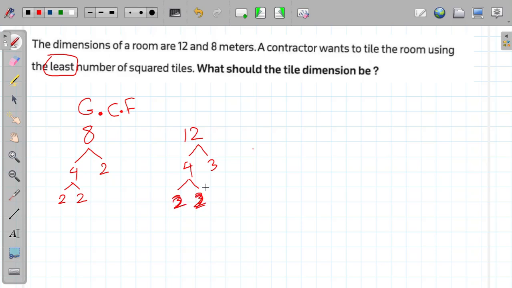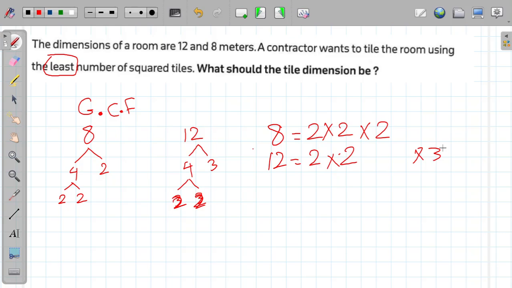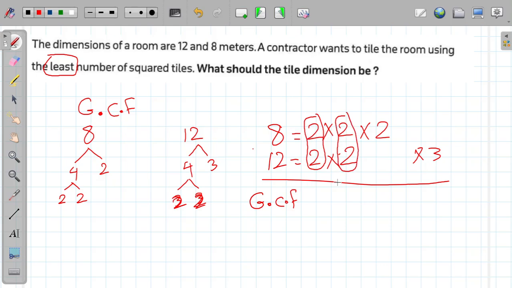Okay, so 8 equals 2 by 2 by 2 and 12 equals 2 by 2 by 3. Okay, so how to find the greatest common factor here? I will search for the repeating factors in the two numbers. So I have here 2 and 2. So I will multiply 2 by 2. It gives me 4. So the greatest common factor here is 4.